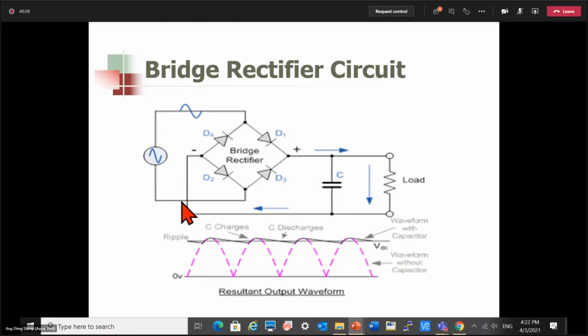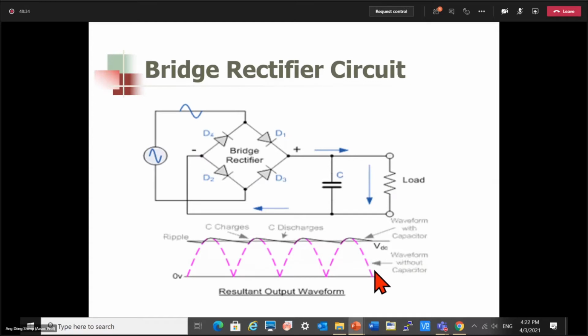This current will return via D4, which will also turn on. So the negative cycle of the AC voltage now appears as a positive voltage across the load, like this. This is how this circuit can convert an AC voltage into a DC voltage waveform, like this.